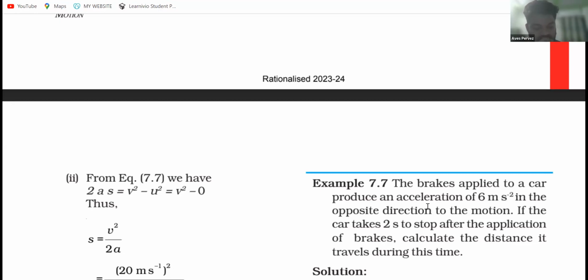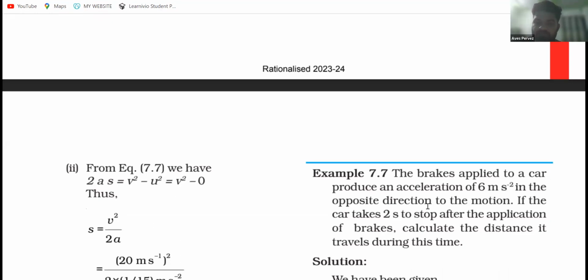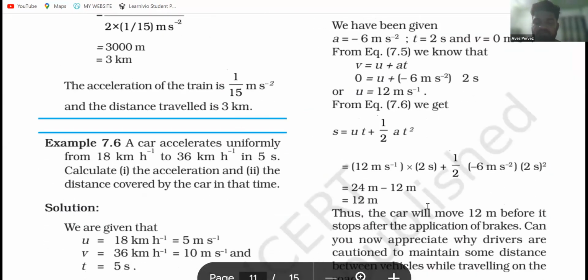Sir, got it. The distance is 12 meters. Yes, sir. Yes, 12 meters.